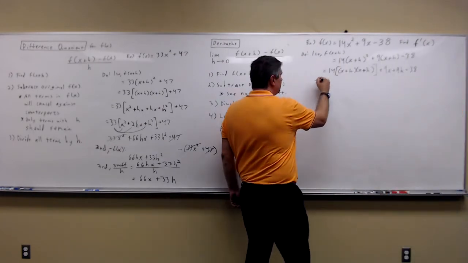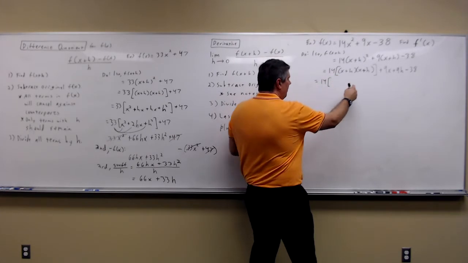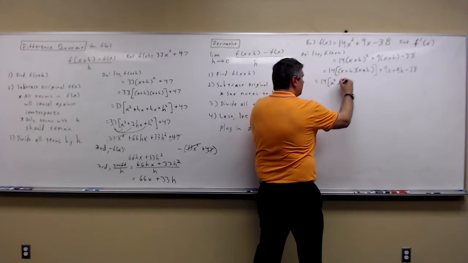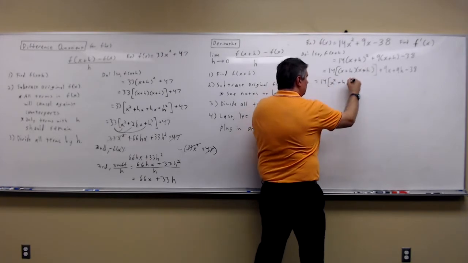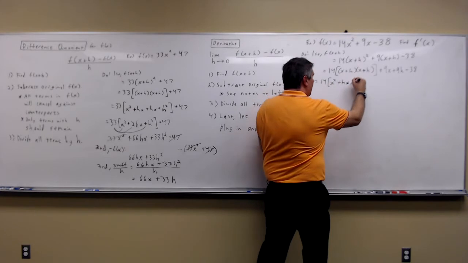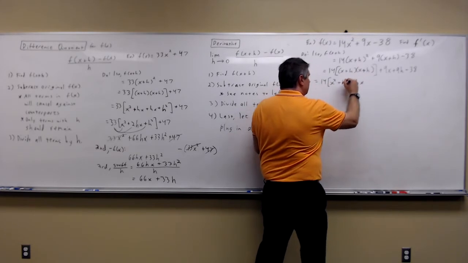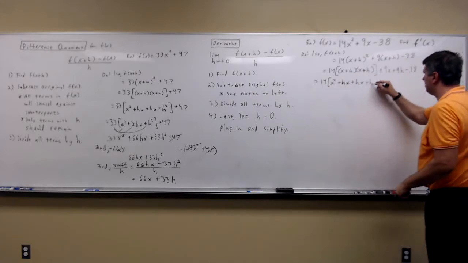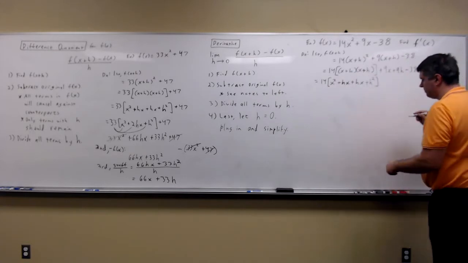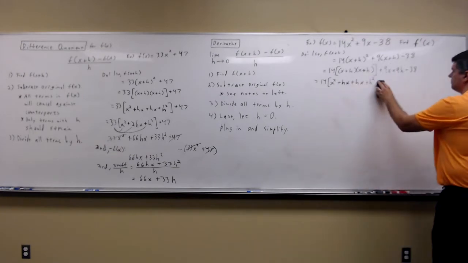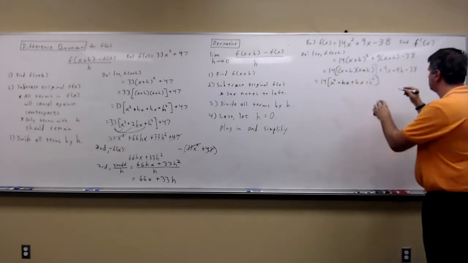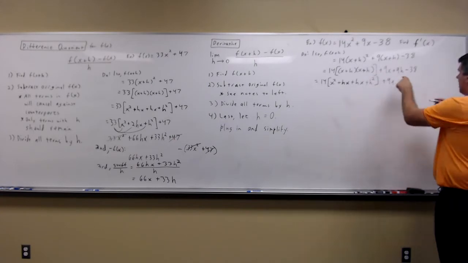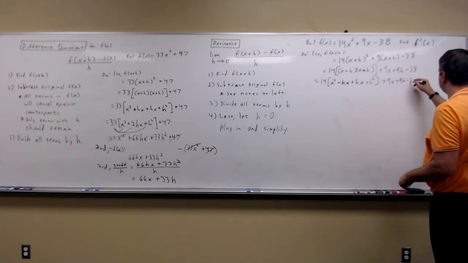This will be 14 times first terms, x squared. Product of the outer terms is hx. Product of the inner terms is another hx. The product of the last terms will be h squared. Plus 9x plus 9h minus 38.